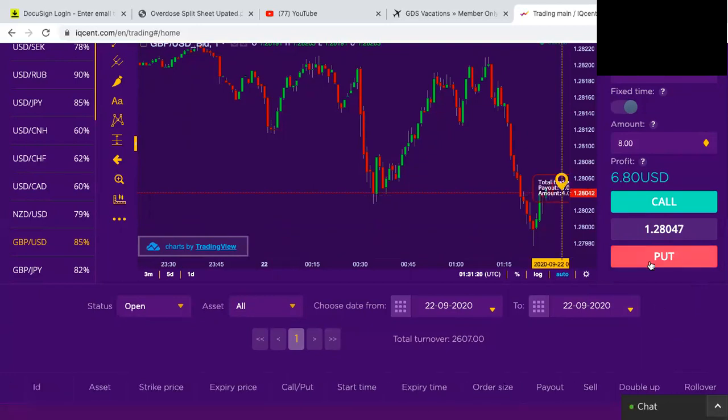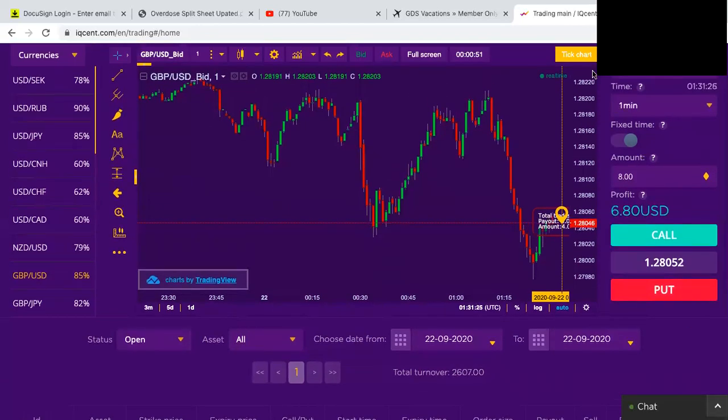Okay, current candle is red, so we're going to take a put at $8.